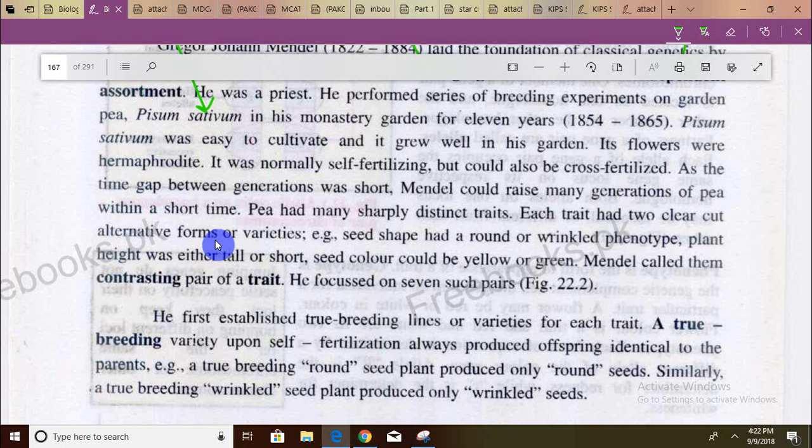So on self-fertilization, all offspring are identical to parents. This is an easy enough concept, but I had this inkling that they might ask this sort of an MCQ, which is why I am repeating this again and again. All offspring identical to parent.